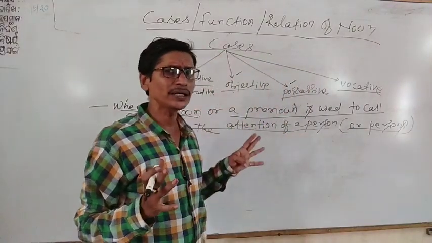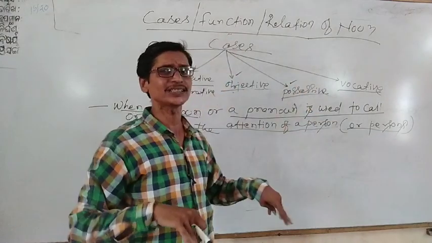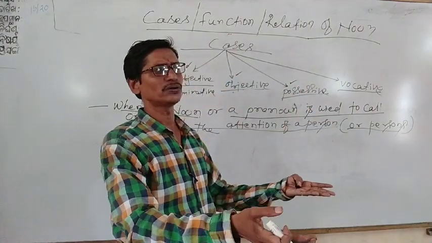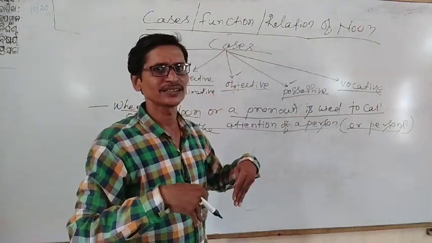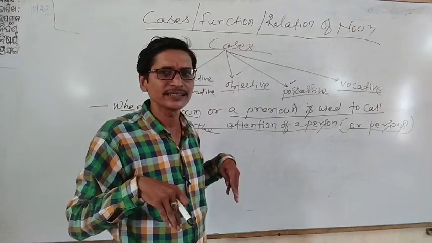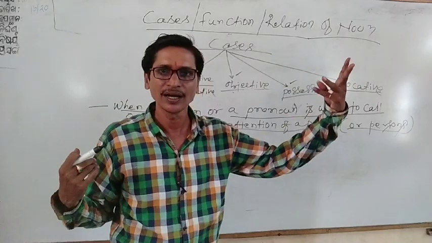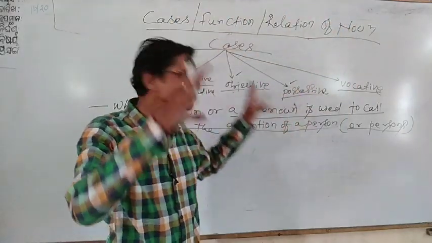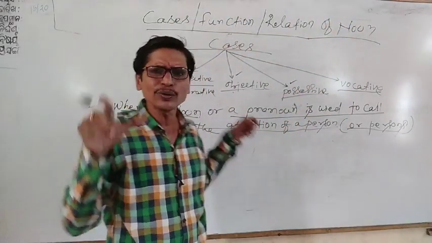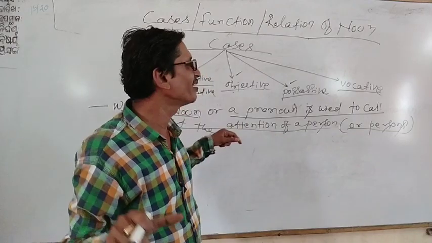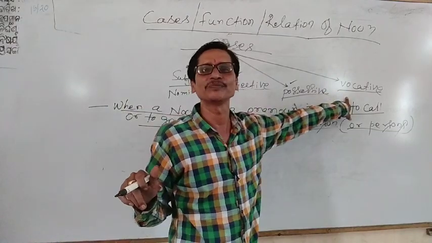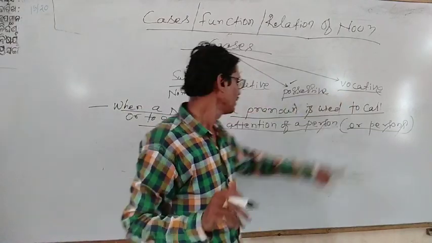When we want to get the attention of somebody or make somebody listen to us, in that case, we use some nouns which are called the vocative case of the noun. Example, let me tell you.